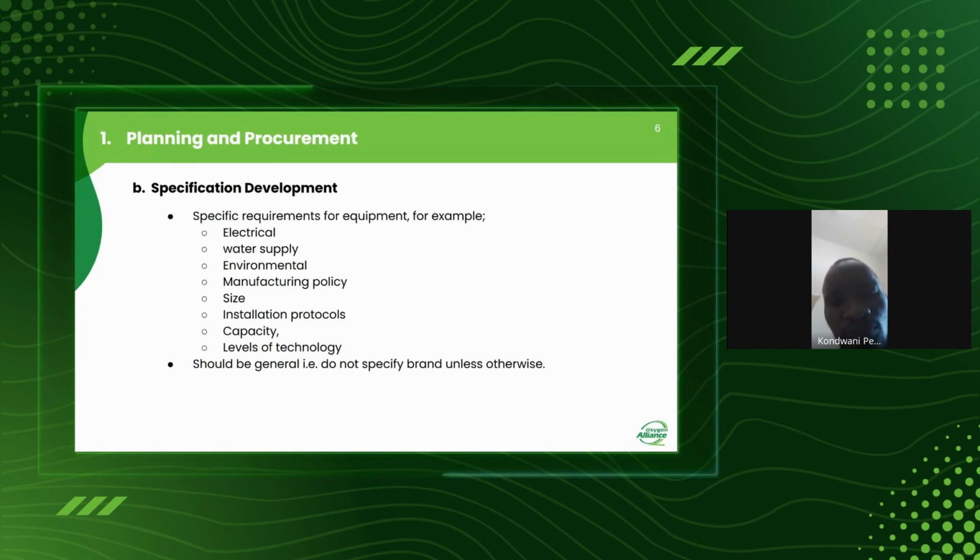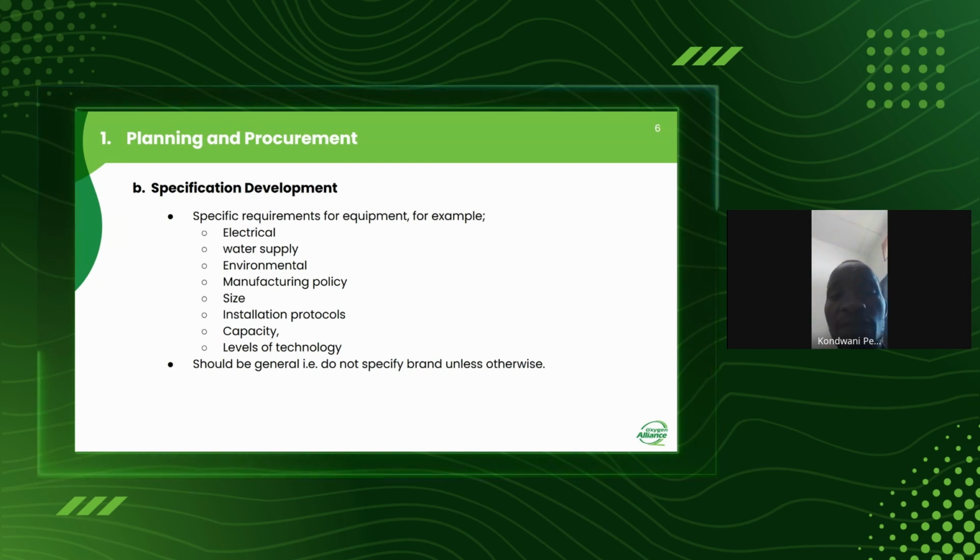Now, after you have done the assessment and prioritized your need, you have come up with the equipment that you need. Now you need to develop specifications. Specifications refer to the requirements that you need the supplier or manufacturer to meet pertaining to your equipment.